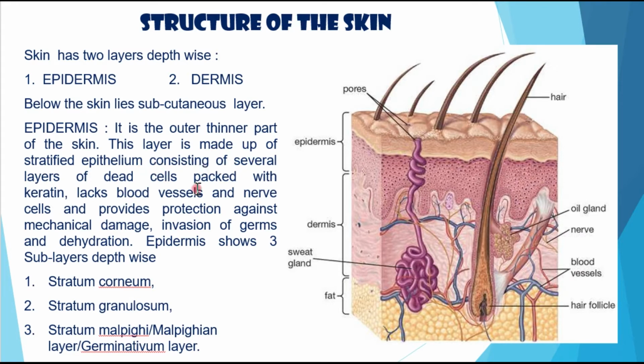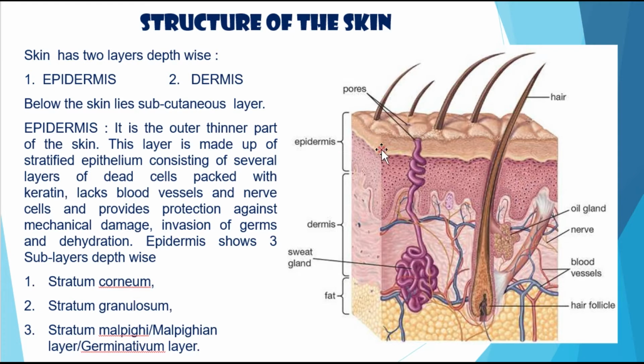That means it consists of several layers of dead cells which are packed with keratin, but they lack blood vessels and nerve endings, right? You can see here, and as it is an uninterrupted layer, it prevents the invasion of germs, mechanical damage, and dehydration, and all these are carried out due to the presence of the horny protein keratin, which we saw in the previous slide.